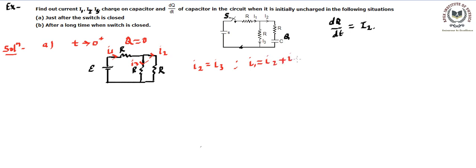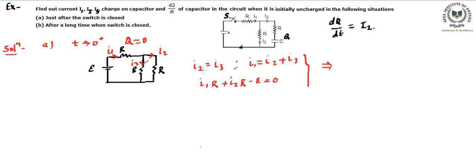That's the junction law for current, and then we can apply a Kirchhoff or loop equation on any of the loops. Let's say we start from here, this will be plus, this will be minus, so we can write I1 R, and if we are passing through, let's say, the outer one, plus I2 R, minus E is equal to 0. So using these equations, we can find out what I1, I2, I3 are going to be.